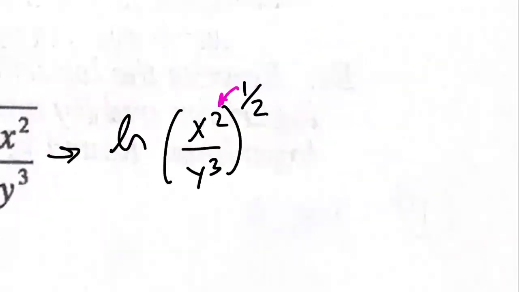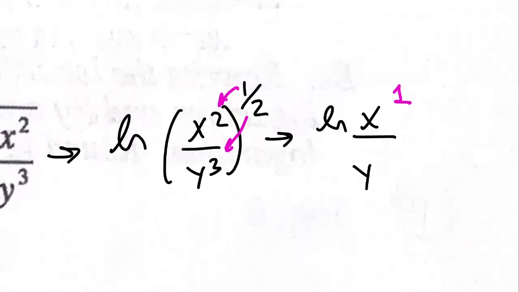So you're going to have to distribute to both of these together. That way you'll have ln of x to the power of 1 divided by y to the power of 3/2. And then you can just do the quotient rule after this.